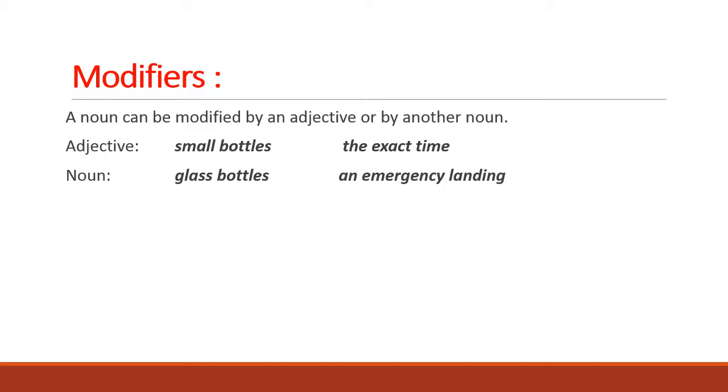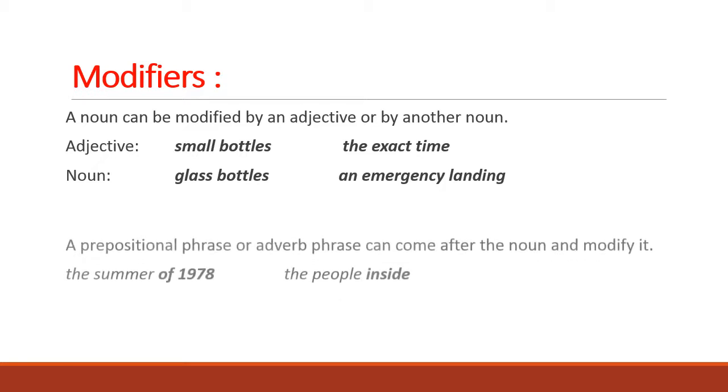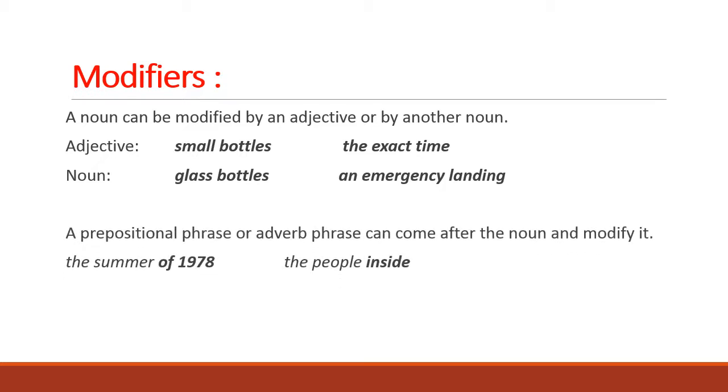In the second group of phrases, we have glass and emergency, which are actually nouns, and they are modifying the other nouns like bottles and landing. So modifiers can be adjectives or nouns which modify a certain noun in a phrase. A prepositional phrase or adverb phrase can come after the noun and modify it, like the summer of 1978.